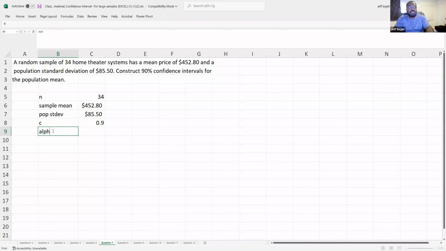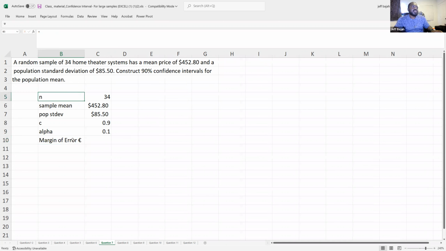You know, based on this question, that your alpha will definitely be 1 minus this, and so that comes up to 10%. So kind of similar to the question we did, right? So here you're asked to do the same thing. And we know that our margin of error, which is our E, will now be equal to confidence, and that's because we know that our sample size is 34, which is 30 or more, right?